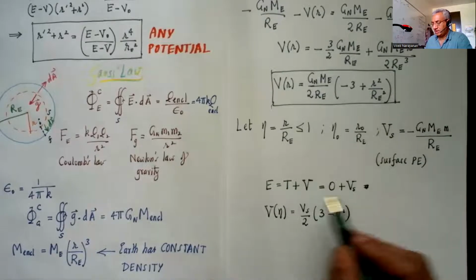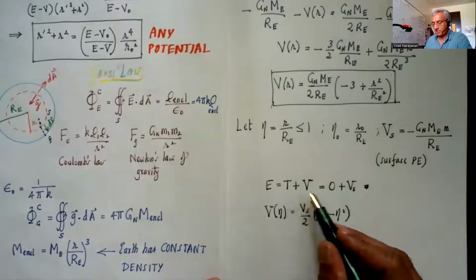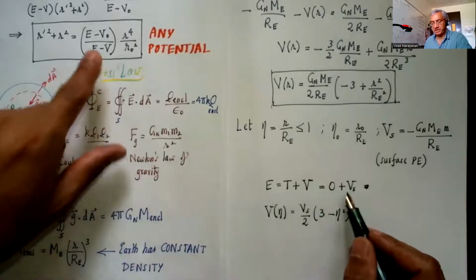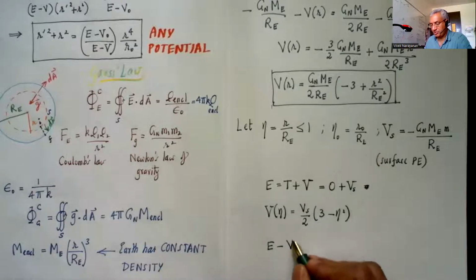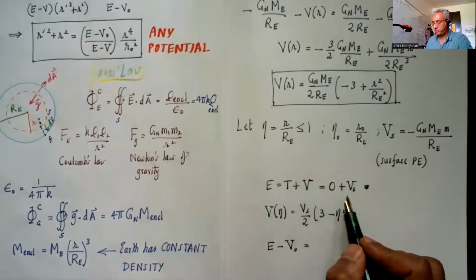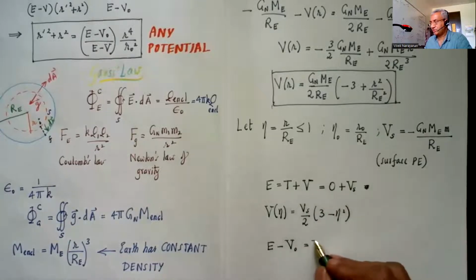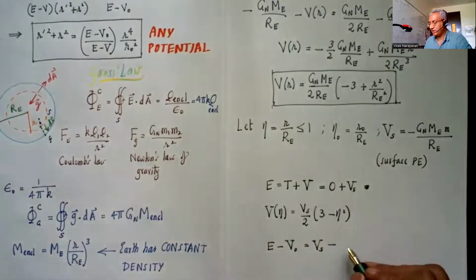So this gives me E minus V, which is what I need for the denominator. First let me do E minus V naught. E minus V naught is just going to be V sub s, because E is the total potential of the surface, minus V naught.